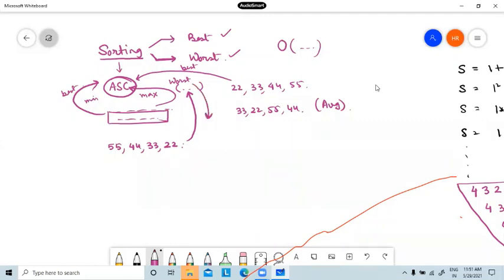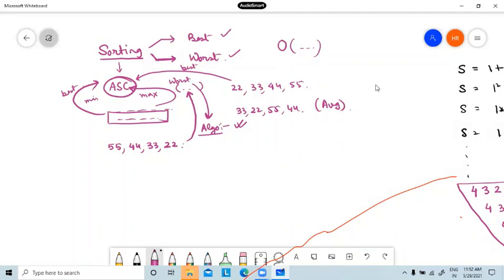Am I clear? If my solution is doing good in worst case, then I will say this is a good algorithm. Why? Because in best case, it is very difficult to identify which one is doing good because it is already sorted.